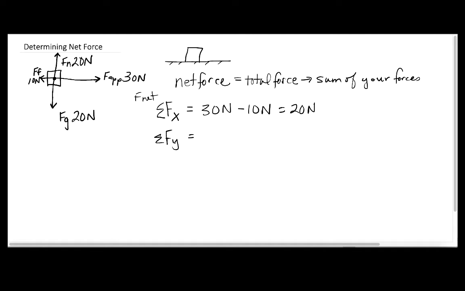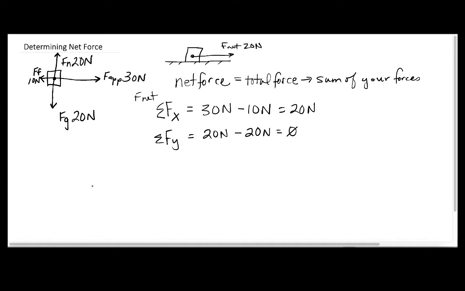The sum of our forces in the Y direction, going up, we have a normal force of 20 newtons, and going down, we have a weight force, the force of gravity, of 20 newtons. And so those two are balanced. So overall, on this object, we have a net force of 20 newtons, which means it's going to be accelerating to the right because it has a net force of 20 newtons to the right.